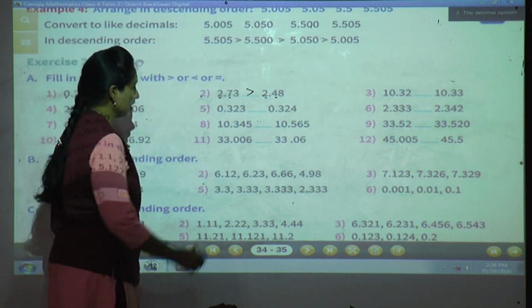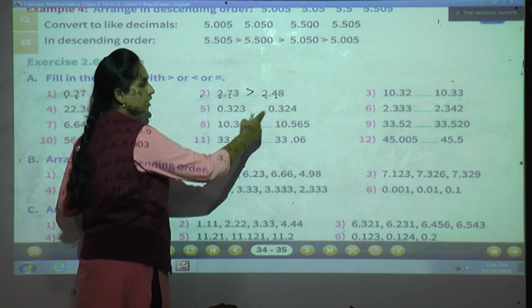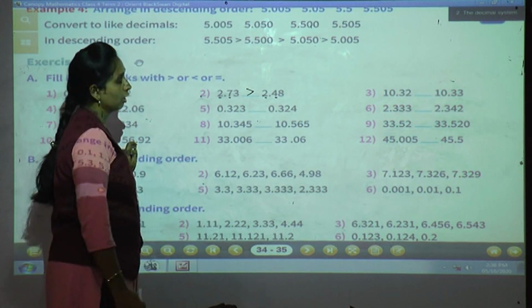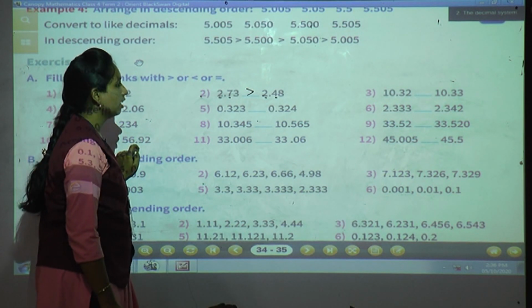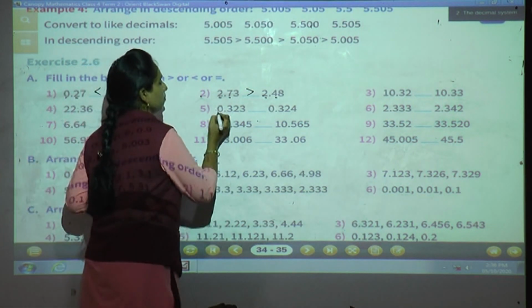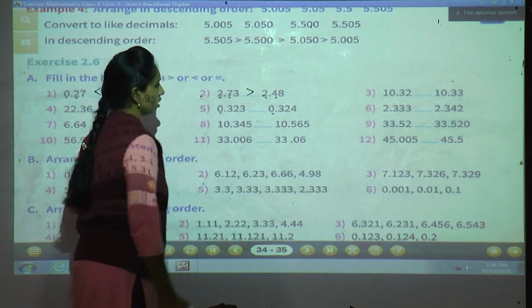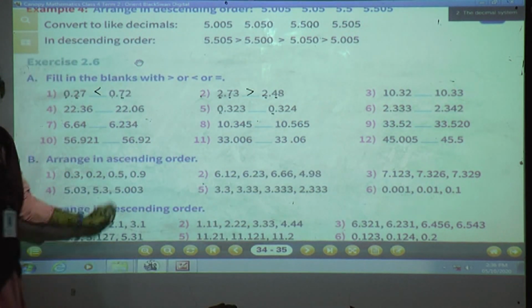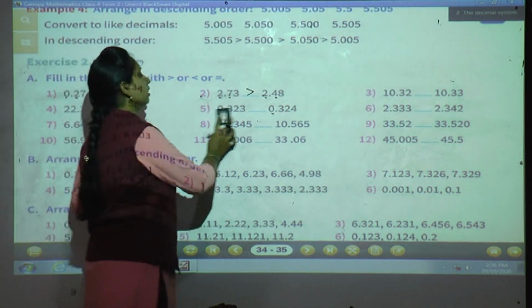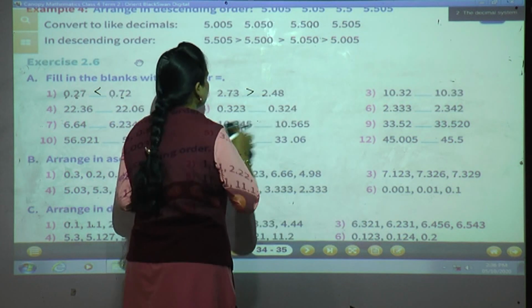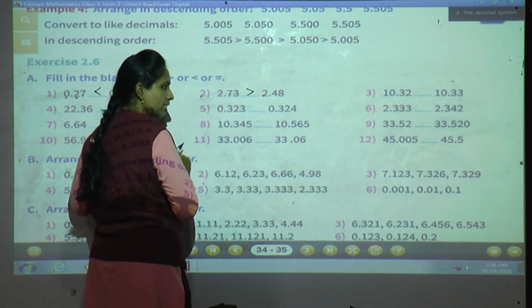Now see the fifth one, 0.323, 0.324. Now we have to compare these both numbers, isn't it? Now see, ones place 0, 0. Both are 0, 0. We cannot compare which is greater, which is smaller. Then we will go with the tenths place. See the tenths place, again 3, 3 is there.